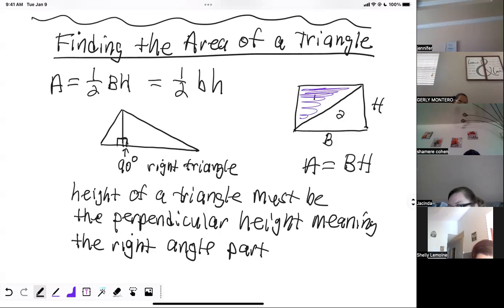If you have a right angle, you're also saying that this is perpendicular, meaning it's vertical. It has to be the vertical part. It has to be a 90-degree angle to be the vertical part.